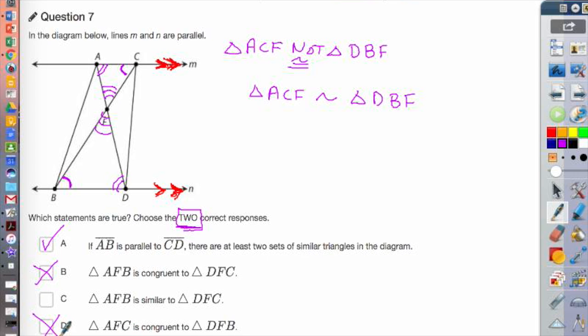So those 2, now we're just looking to see, we have AFC, DFB. Let's map that one out. Triangle AFC similar to DFB. So that goes 2 to 3, that one's correct.